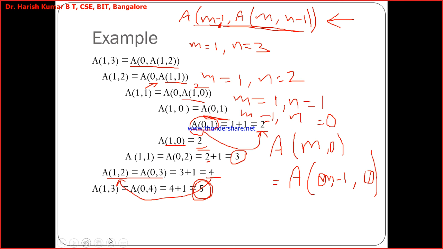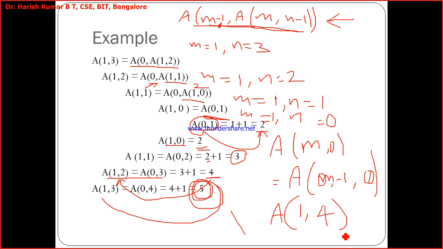The final value for A of 1 comma 3 is 5. Now similarly find A of 1 comma 4 and tell me the answer. 6. Is that correct?